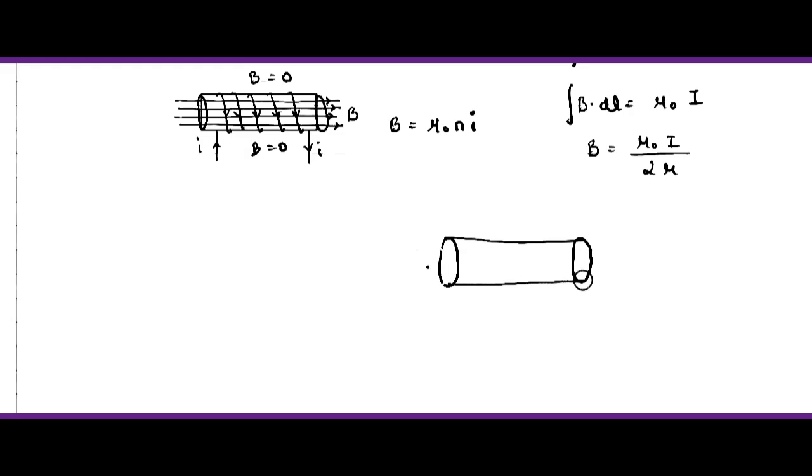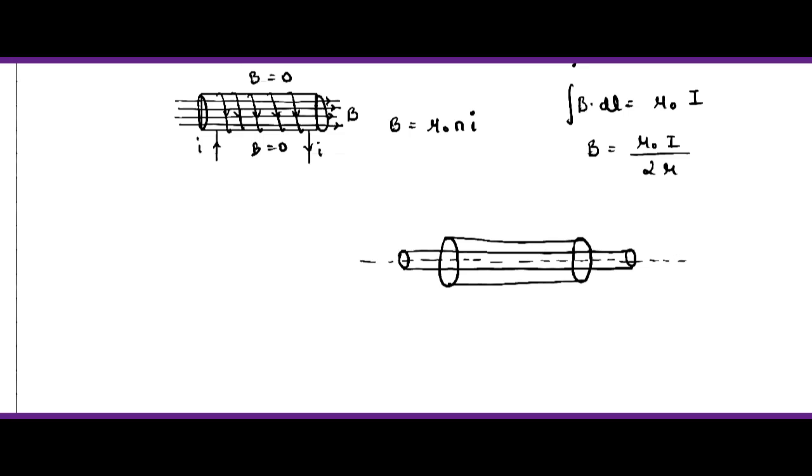This is the hollow cylinder which is placed inside the solenoid with a common axis, so this is the common axis, and they are both infinitely long.